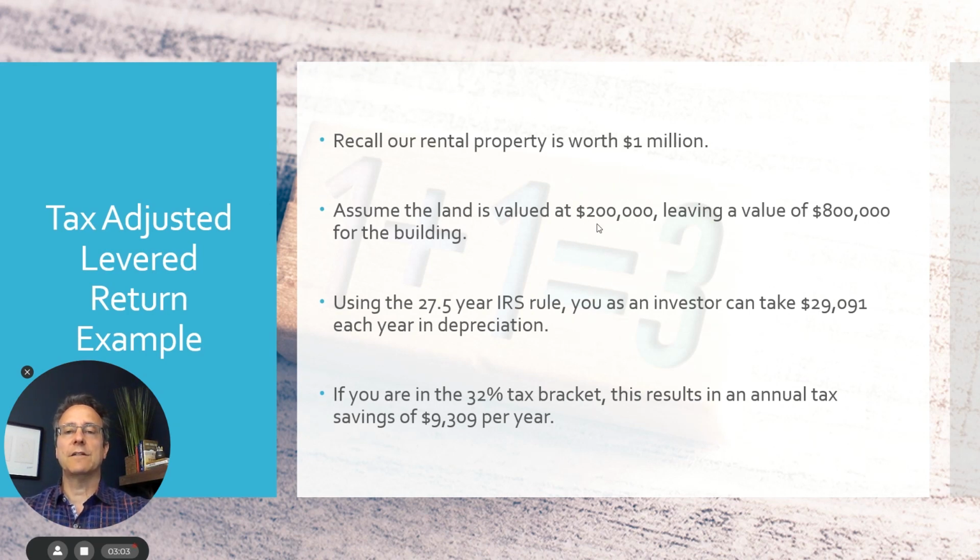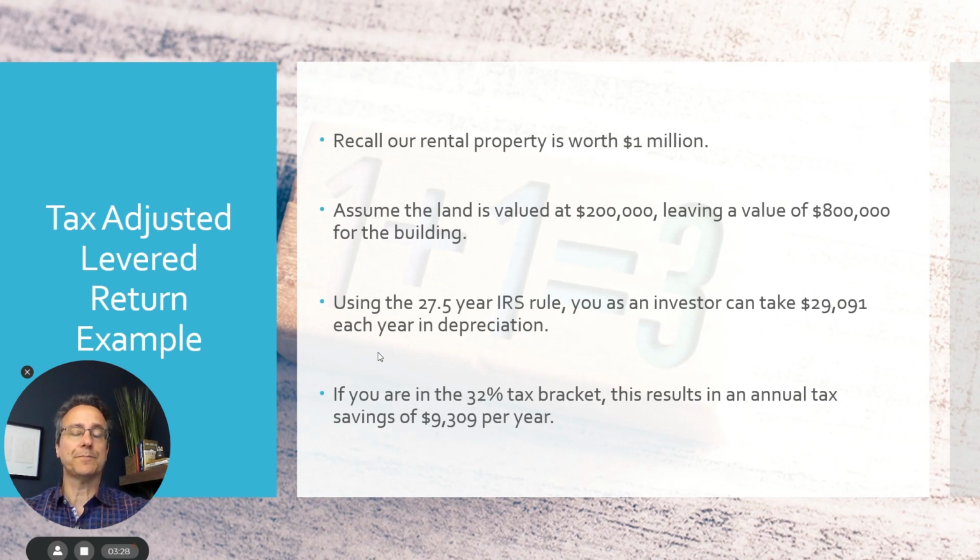Let's assume that the land is valued at $200,000 and leaves a value of $800,000 for the building. Using the 27.5 year IRS depreciation rule, you can take about $29,000 each year in depreciation. And if you, as a household, are in the 32% tax bracket, this yields a tax savings of over $9,000 a year.